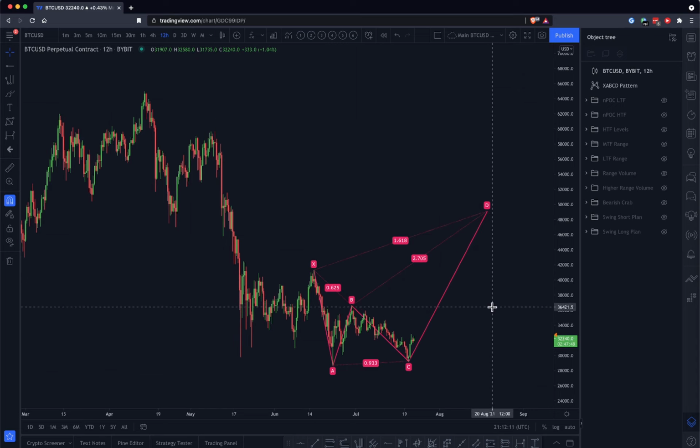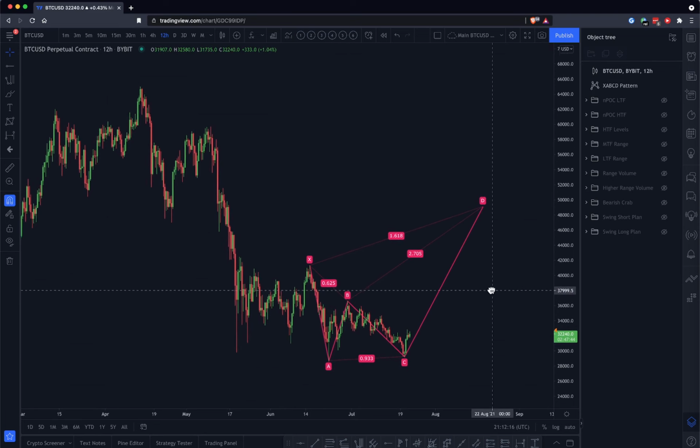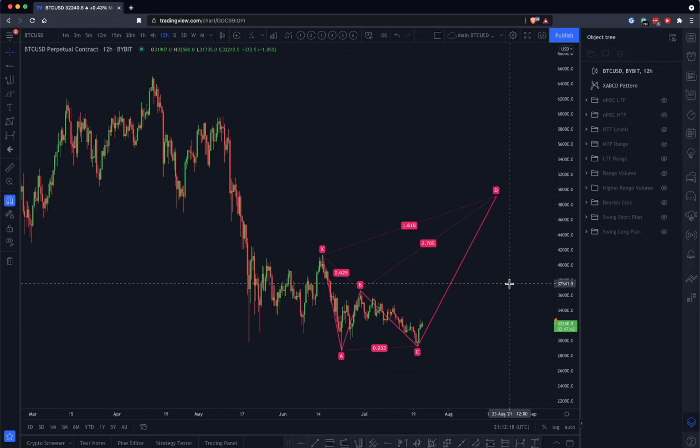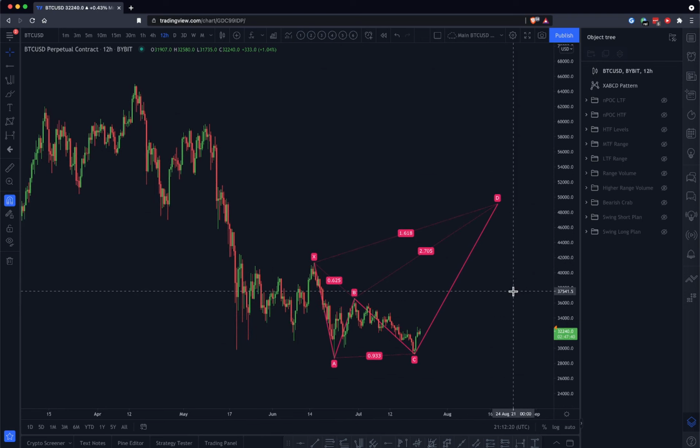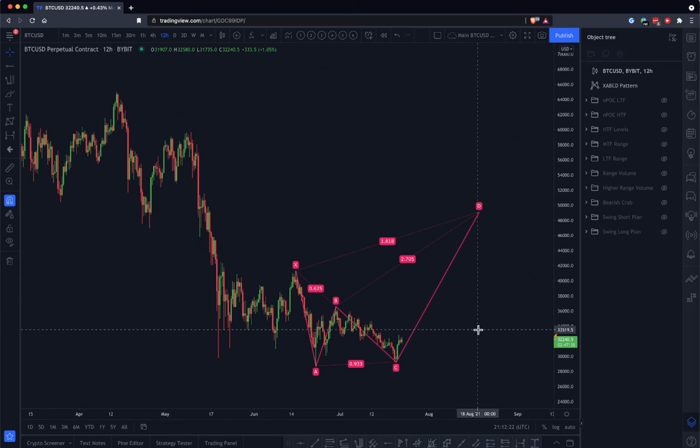Yeah, let's just start. Okay, so this is a bearish crab pattern that you see here, and a bearish crab pattern is very bearish at the end, but while it is in the phase of forming the pattern, it's quite bullish if we actually get that.